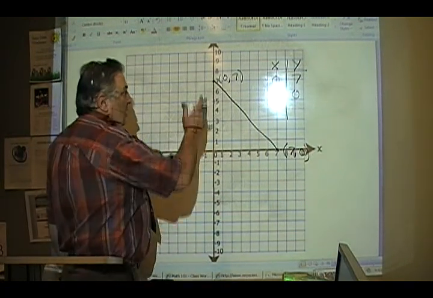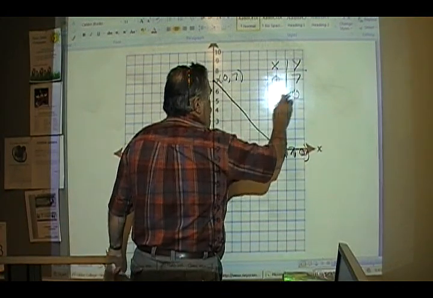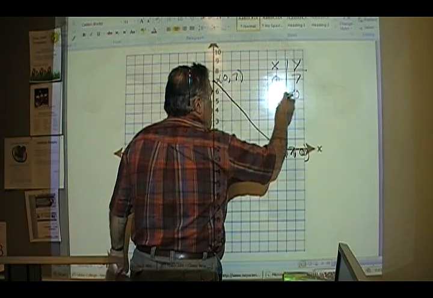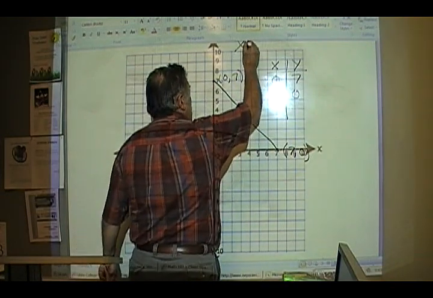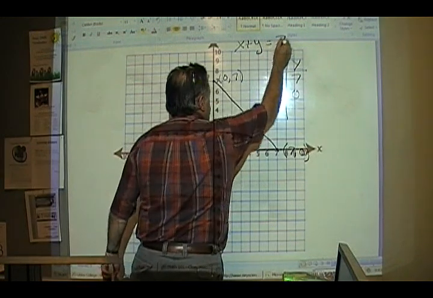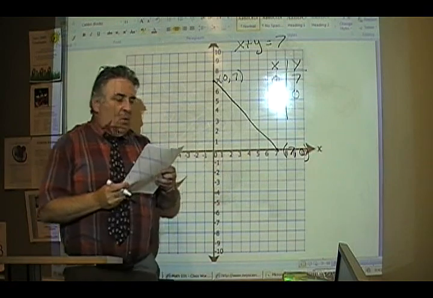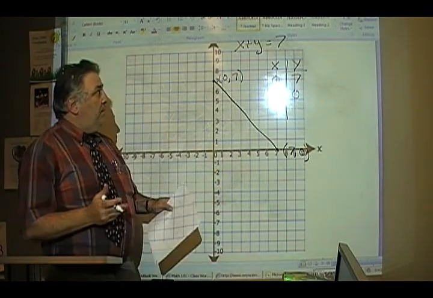In other words, thinking about x and y. 0 plus 7 equals 7. 7 plus 0 equals 7. So why don't we say x plus y equals 7? And see if that's an equation that would work for this line.